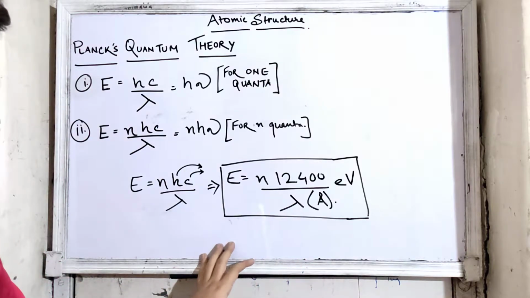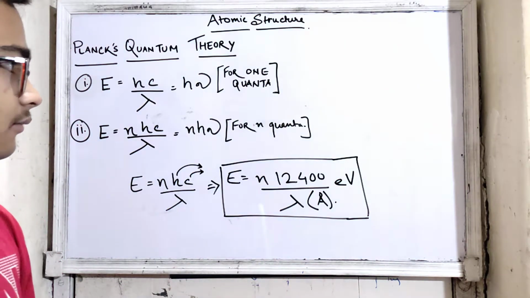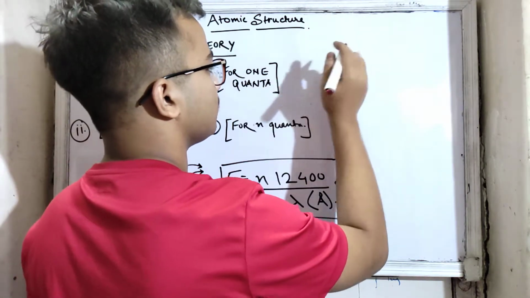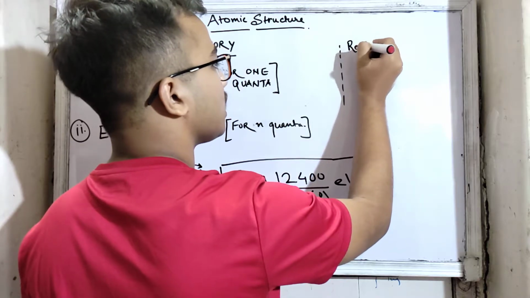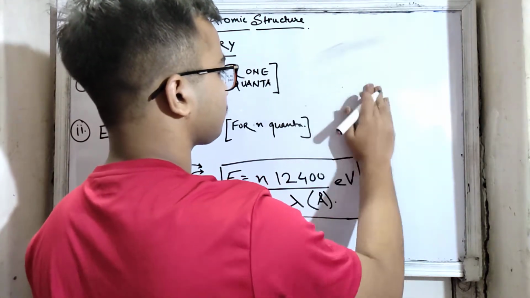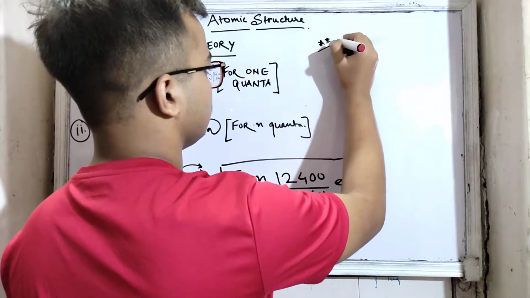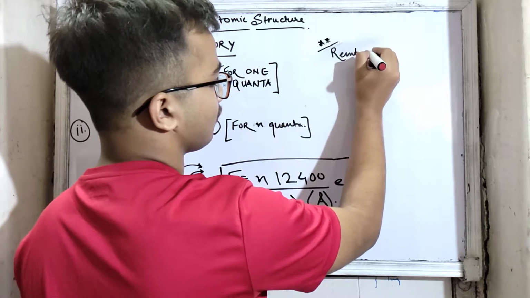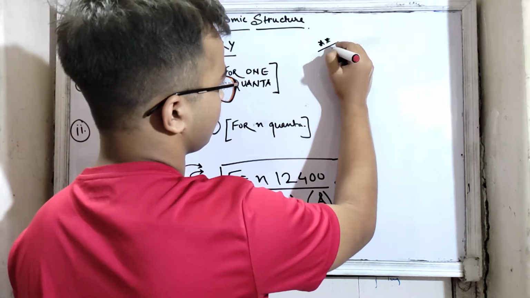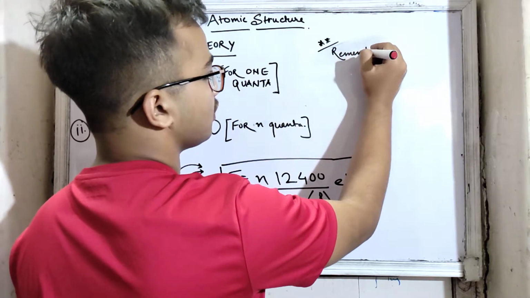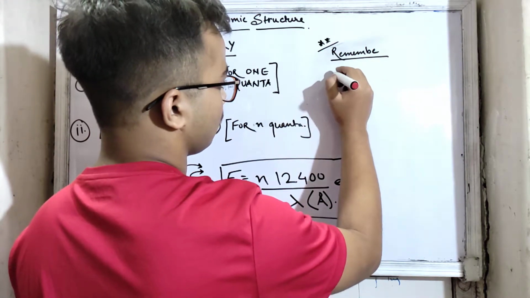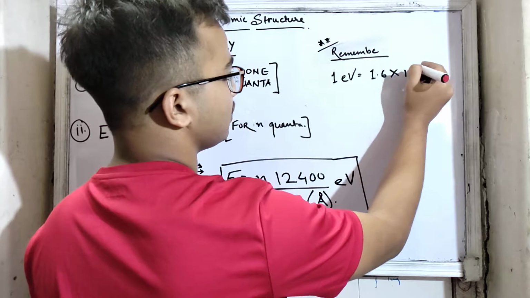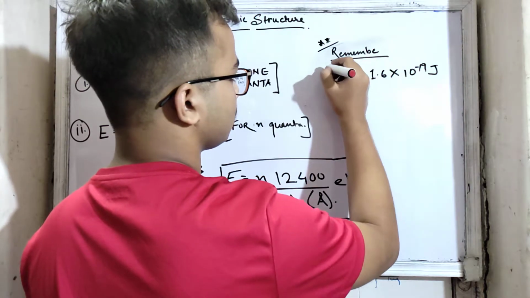I give you a relation between joule and electron volt, so remember: 1 electron volt equal to 1.6 into 10 to the power minus 19 joules.